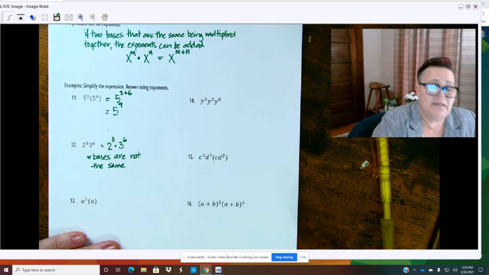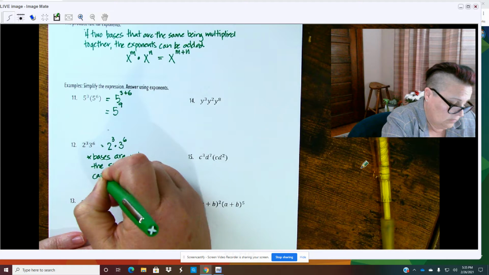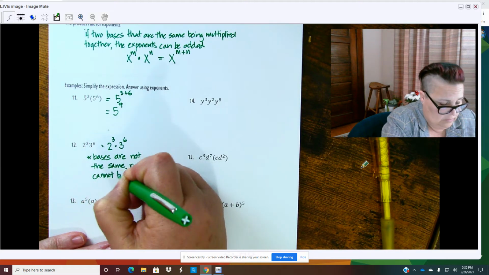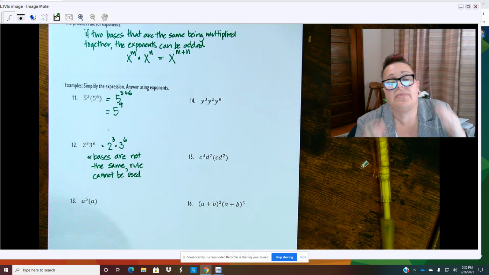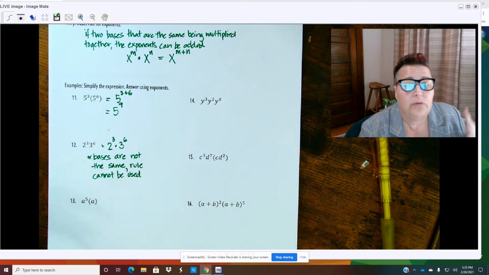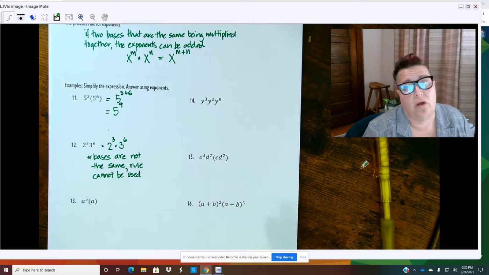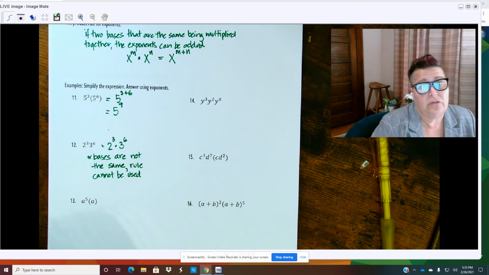And because the bases are not the same, the rule cannot be used. We just got to leave it. There's nothing that we can do here. All right? So watch out for those when the bases aren't the same, even though they're all exponents, because there's nothing you can do here but rewrite it. Just leave it as 2 to the third, 3 to the sixth. Can't do anything else with it.